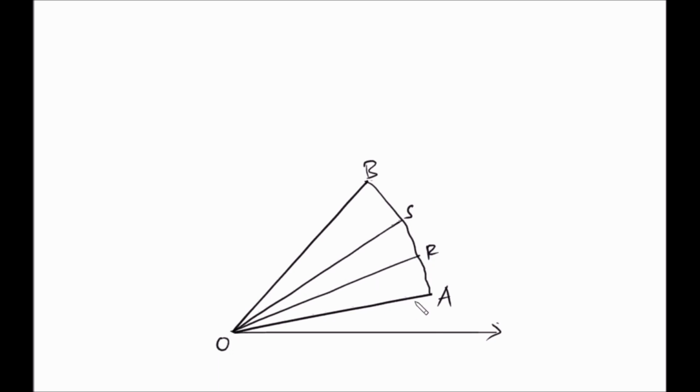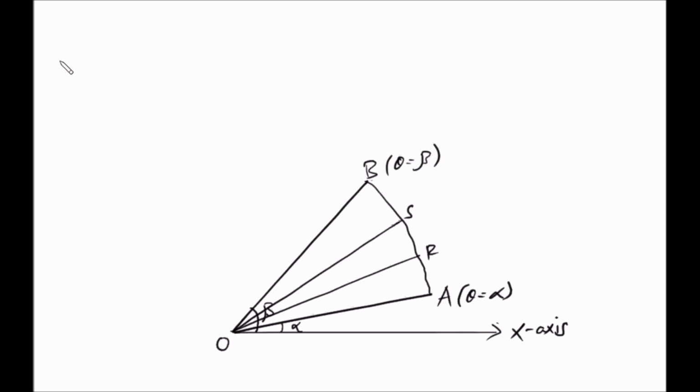Now let's say this radius vector OA makes an angle alpha with the x-axis, and this radius vector OB makes an angle beta with the x-axis, like this, beta. So here we begin at theta equals alpha, and here is at theta equals beta.